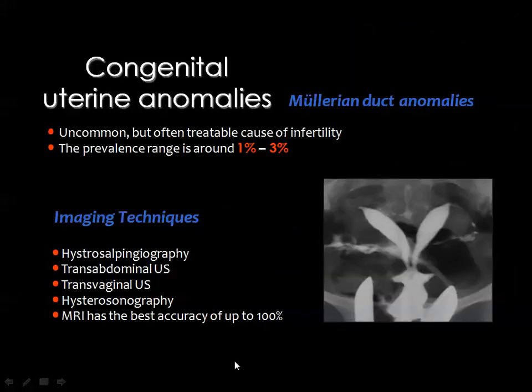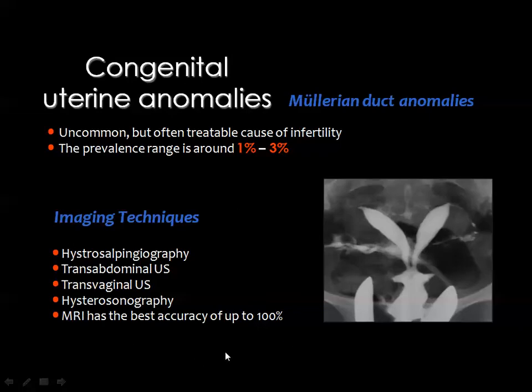origin. The congenital anomalies of the uterus are uncommon, and they represent about 1 to 3% of the population. These anomalies are usually diagnosed by many radiologic techniques.